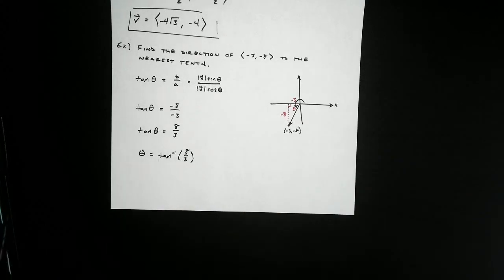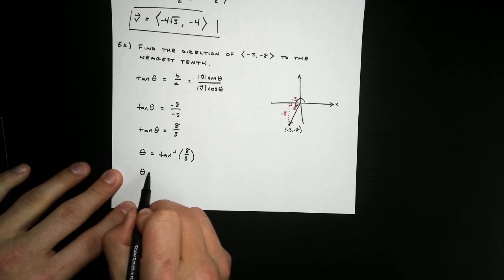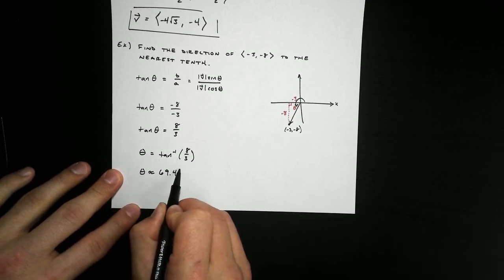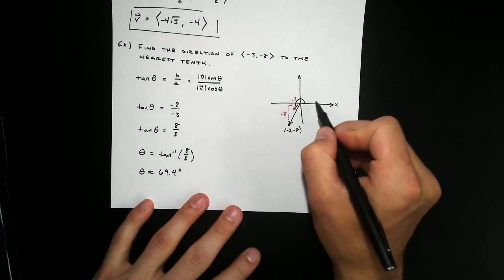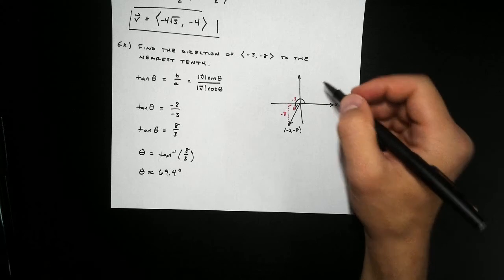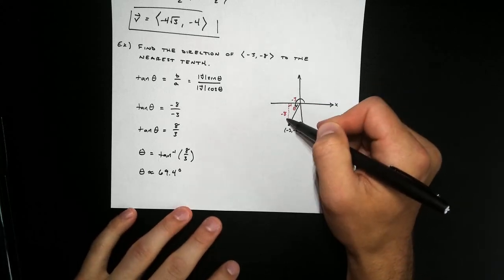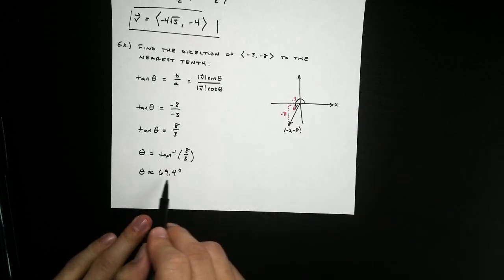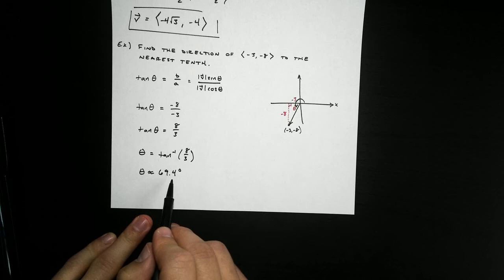So if I type that in, the inverse tangent of 8 divided by 3, the angle I end up with, I get 69.4, which would be the angle going this way. However, that's not the one we want, right? We want the angle that's over here in quadrant 3. So because I know the location of my vector, I know that I need to change this to get the correct angle.